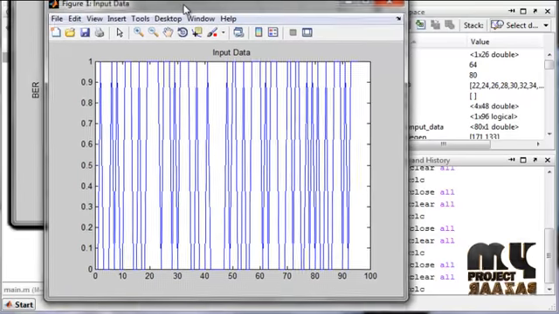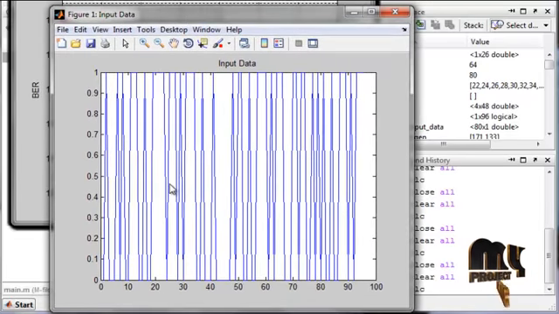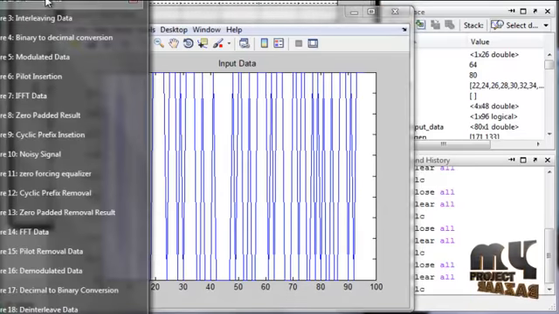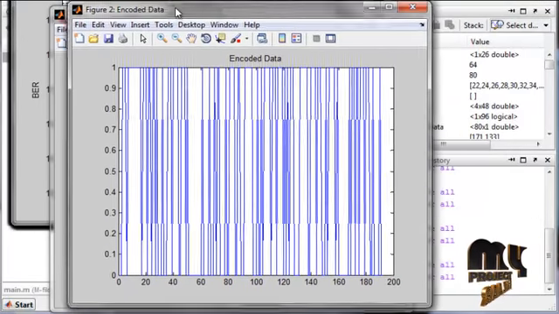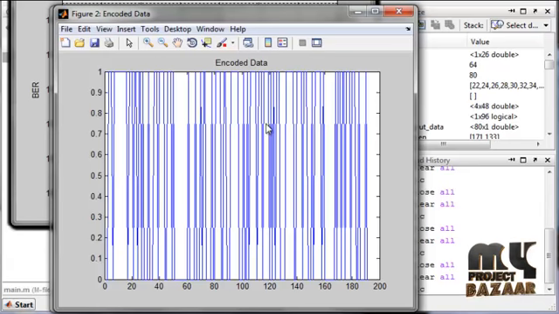So this is the input data of the system, and then the data is encoded and displayed. So this is the encoded data of the product. Similarly, all the results related to the flow diagram process are displayed. At the receiver side, the reverse operations of the transmitter side process are performed, and that output is also generated. Finally, we analyze the results of BER, SER and the outage probability.